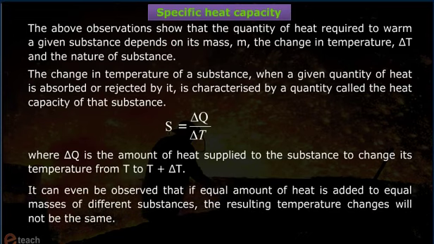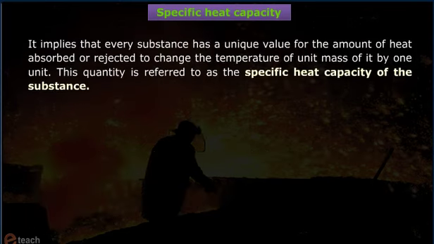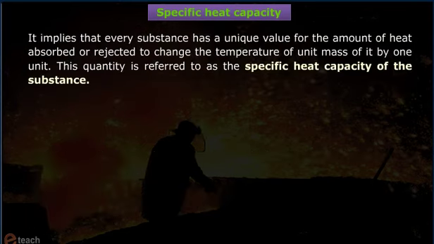It can even be observed that if an equal amount of heat is added to equal masses of different substances, the resulting temperature change will not be the same. It implies that every substance has a unique value for the amount of heat absorbed or rejected to change the temperature of unit mass of it by 1 unit.